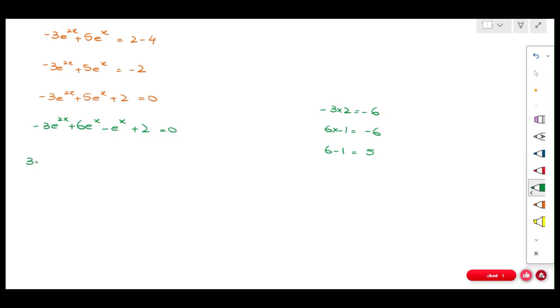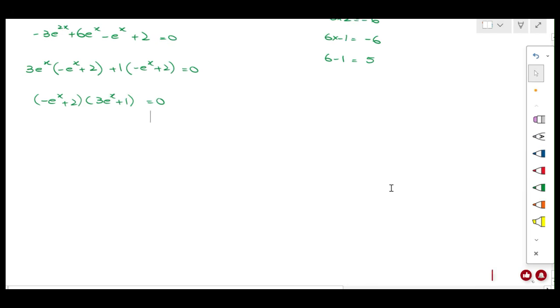Now let me take 3 common and e to the power x common. Minus e to the power x is left and 3 times 2 is 6. Take 1 common, so minus e to the power x plus 2 is equal to 0. So the factors are minus e power x plus 2 and the other factor is 3 e to the power x plus 1, that is equal to 0.